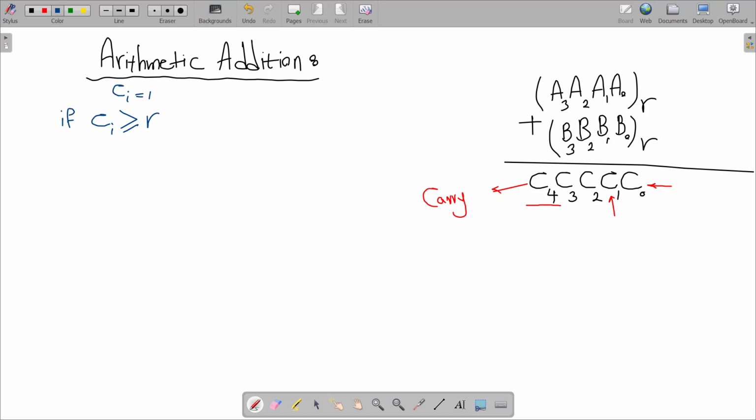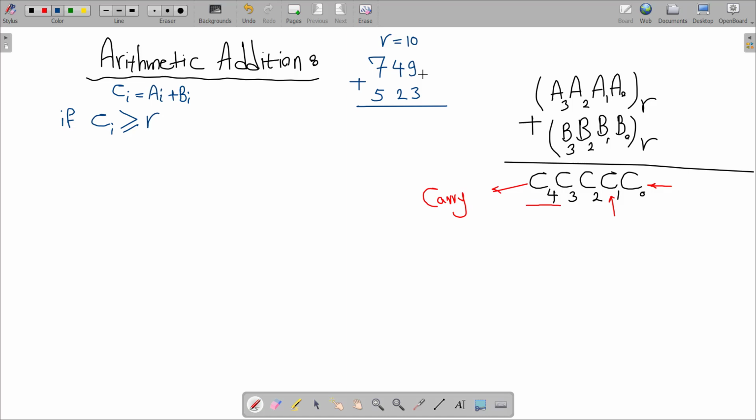Ci can generally be written as Ai plus Bi. Like this one, for example, 749 plus 523 in base 10. Suppose that R is equal to 10. What should I do? I add 9 plus 3. It means that I have to add A0 plus B0.